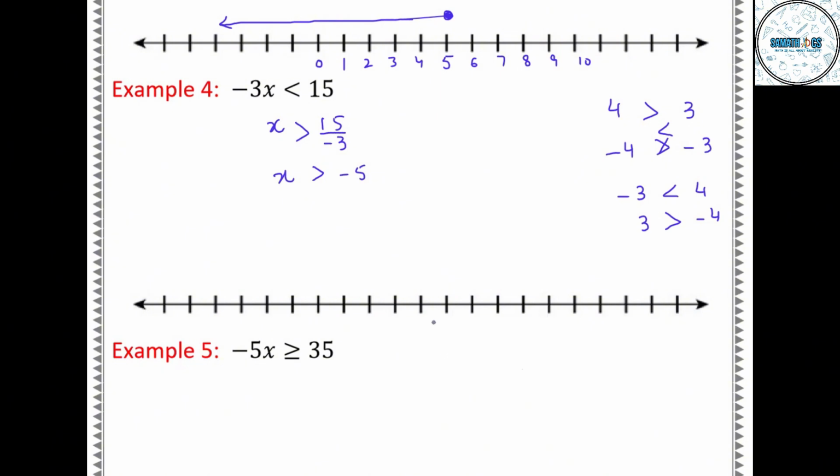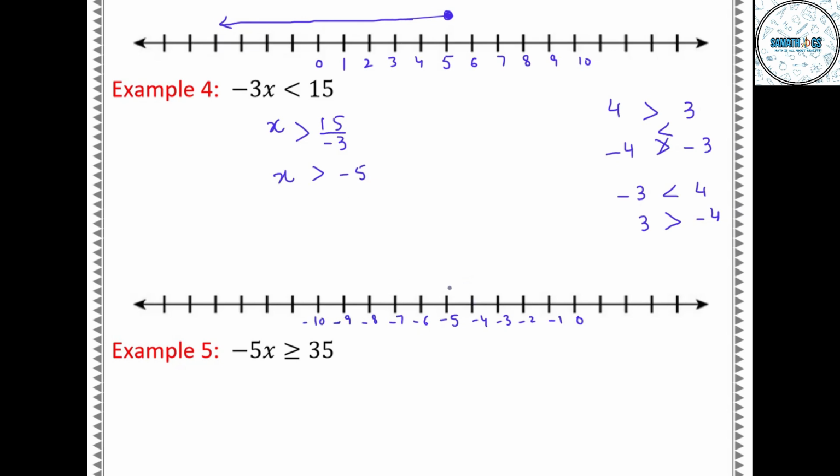Now we will draw the number line. We will mark minus 5 in the center, minus 4, minus 3, minus 2, minus 1, 0, minus 6, minus 7, minus 8, minus 9, minus 10.